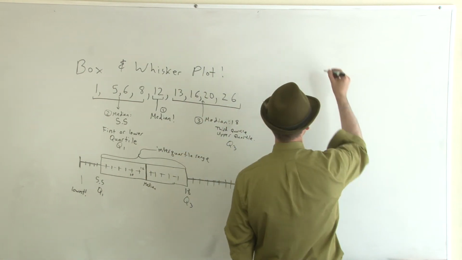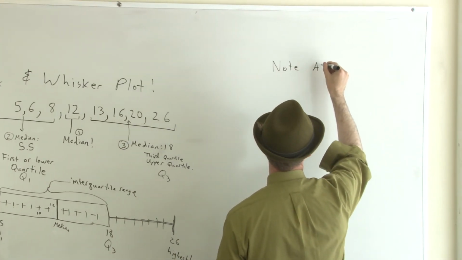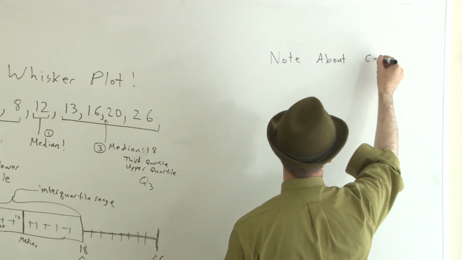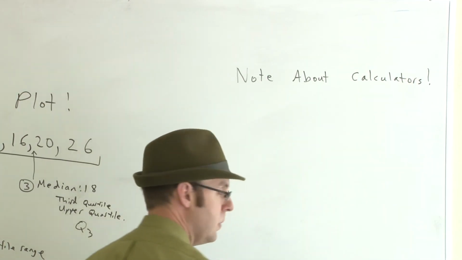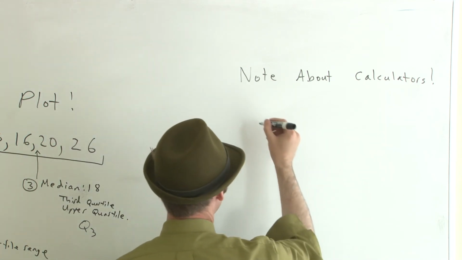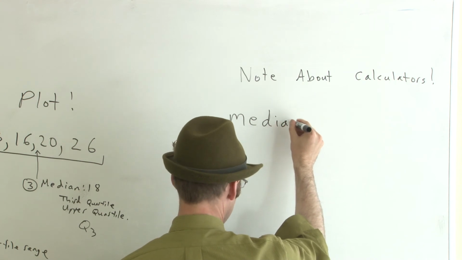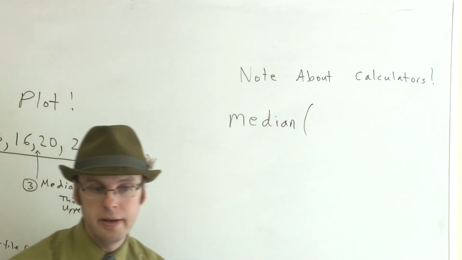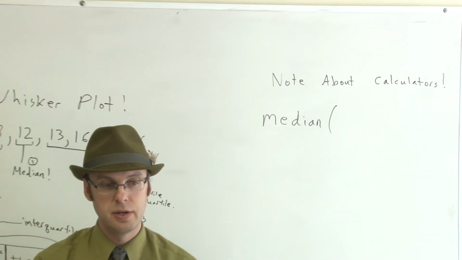But keep in mind, a note about calculators: no matter what calculator you're using, let's say I wanted the median of a set of numbers, you go to your median button, that's either under catalog or under your stats.